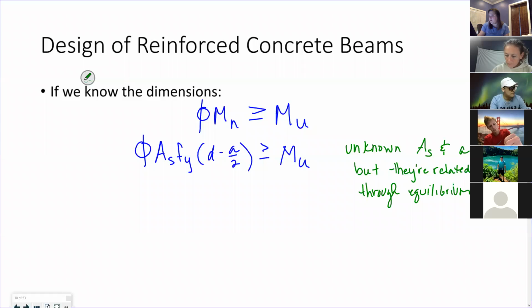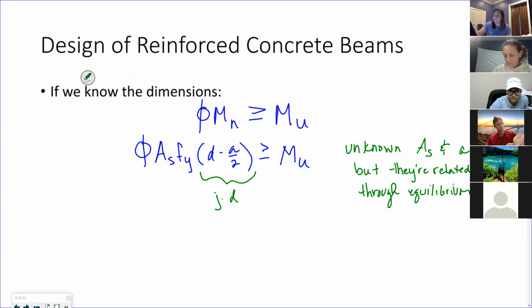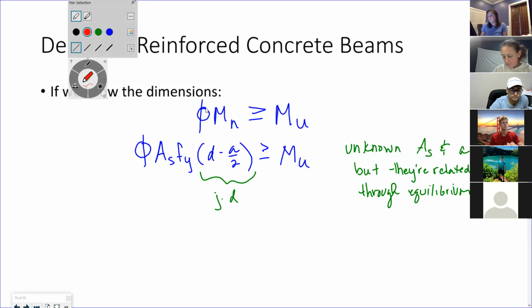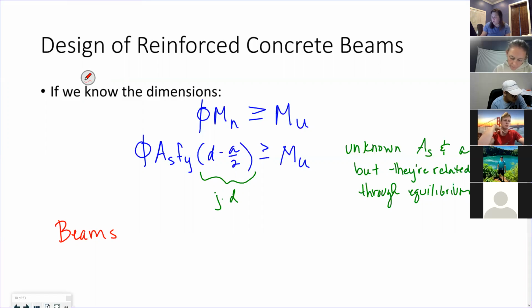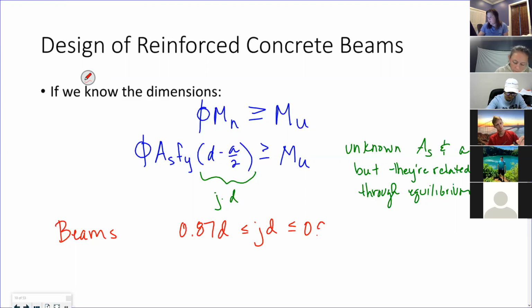So if we want to start out, we're going to say that this d minus a over 2 is some factor j times d. This is just a place to get us started. For beams, jd varies between 0.87 and 0.91.